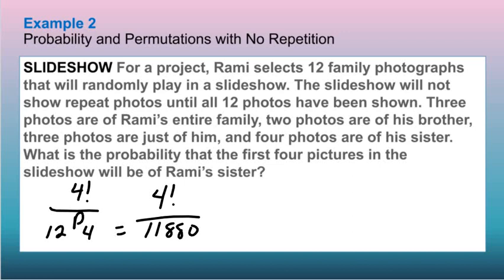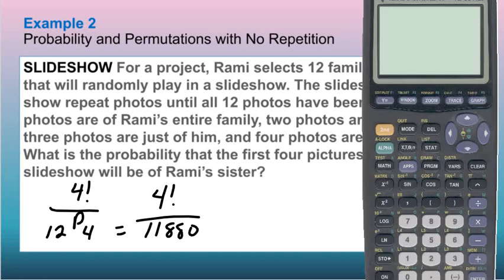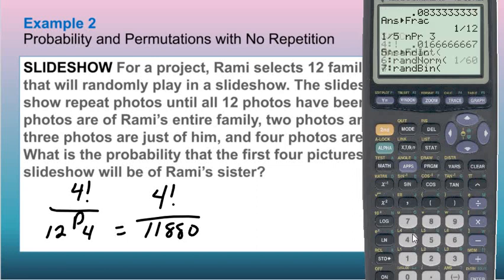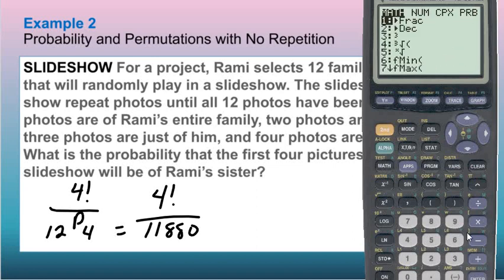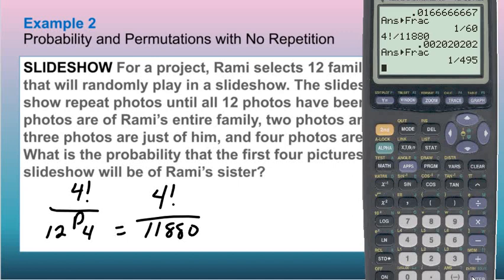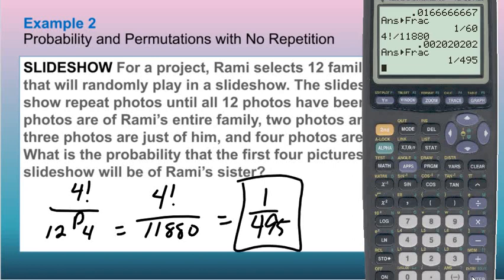So now if I did 4 factorial, using the factorial key on your calculator, if we went 4, hit math, go to probability, that's number 4 here. Then divide that by 11,880. And then hit math, enter. Our fraction would be 1 out of 495. So that would be the probability of the first 4 pictures being Remy's sister.